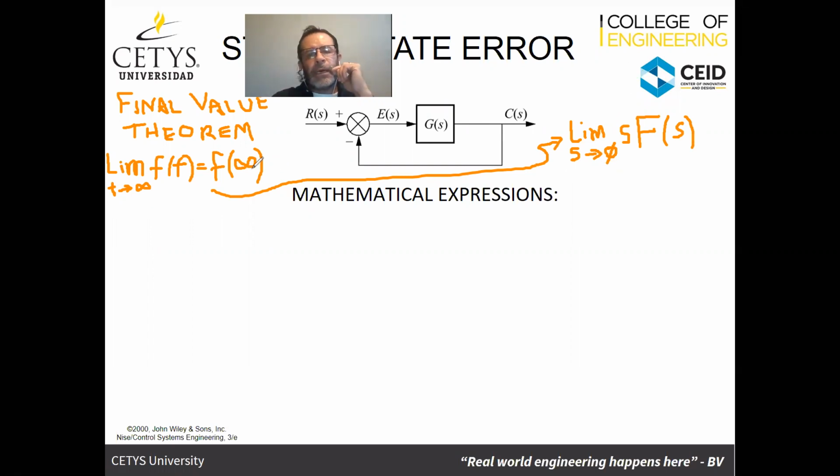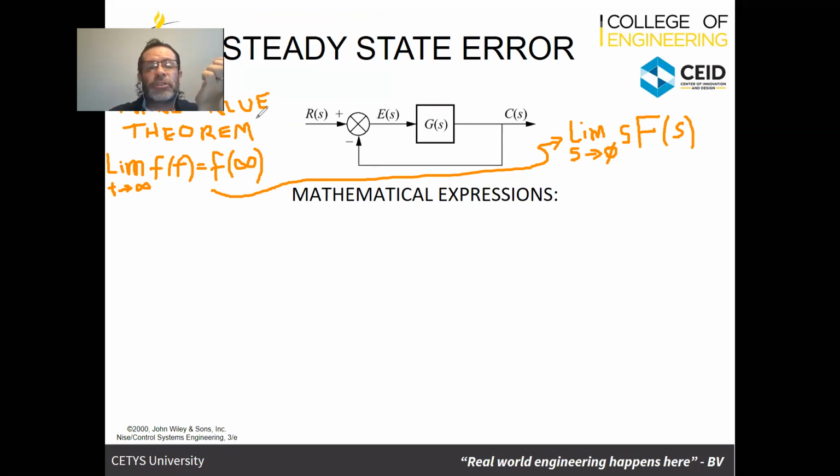So how do we apply this to what we're talking about here with regards to the error of the system? Well, let's remember that the error in the system is going to be this E of S that we have here. The error, let's remember, is the difference between the input and the output.